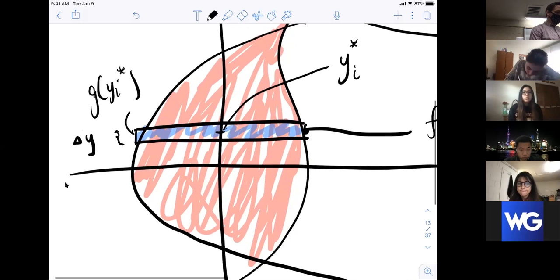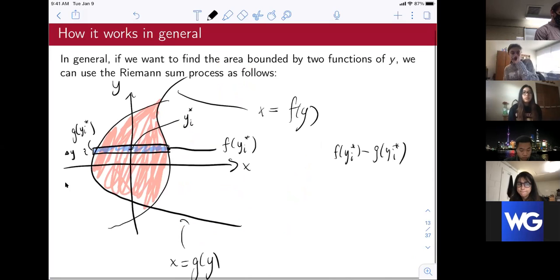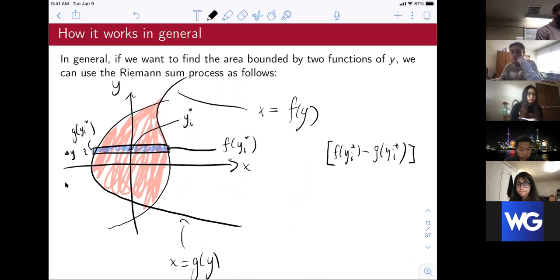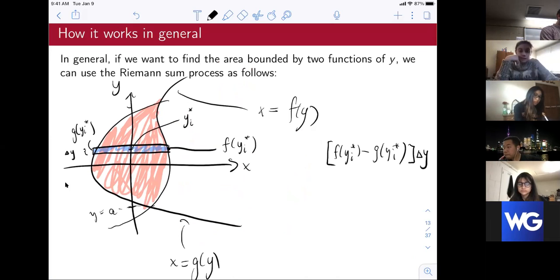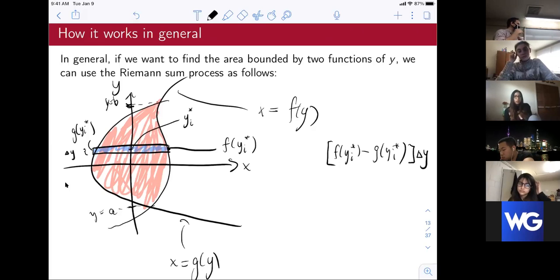So then the area of this one rectangle is f of yi star minus g of yi star times delta y, where you can find the y0, the yn, delta y given all of the points that you care about, like the starting point down here at y equals a, and the end point up here at y equals b. If you know how many rectangles you're using, you can find delta y.